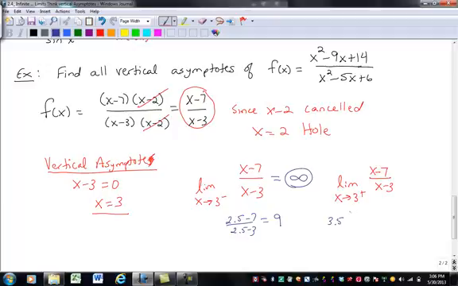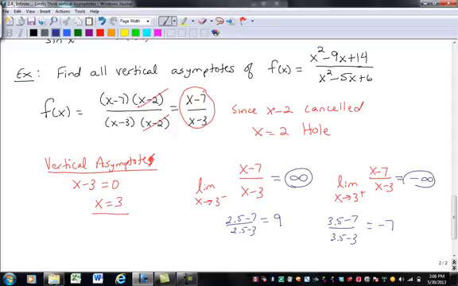So I plug in 3.5 in here for x. And when I plug that in, I get 3.5 minus 7 divided by 3.5 minus 3. And I get negative 7. There's a vertical asymptote at 3, and since the y values are negative, I know it has to be negative infinity that it's approaching.